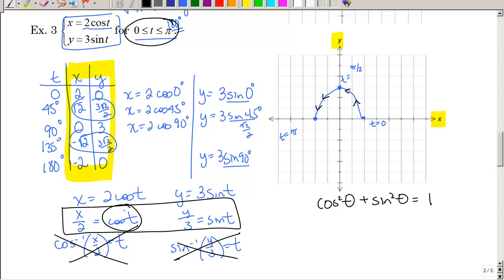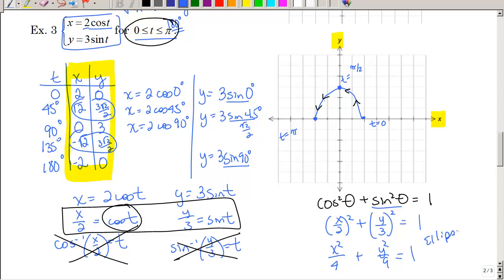Well, I have cosine, I just need to square it. So I'd have x over 2 squared. The sine is y over 3, I just need to square it. Look at that. What if I write that a little bit better? X squared over 4 plus y squared over 9 equals 1. What is that?